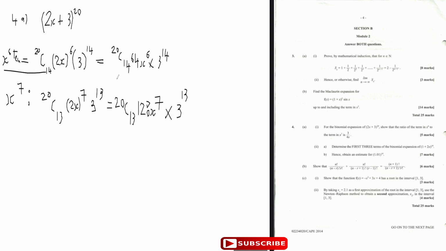So put in a calculator 20 choose 14 over 20 choose 13. That's going to be this part over this part, 20 choose 14 divided by 20 choose 13. This part works out to be a half.